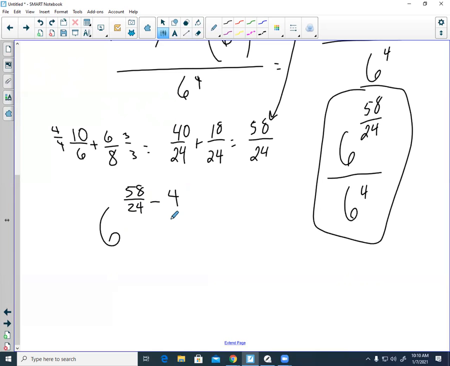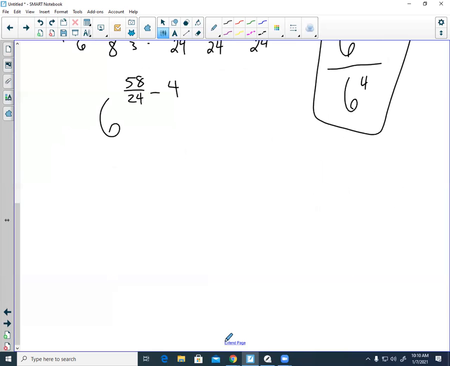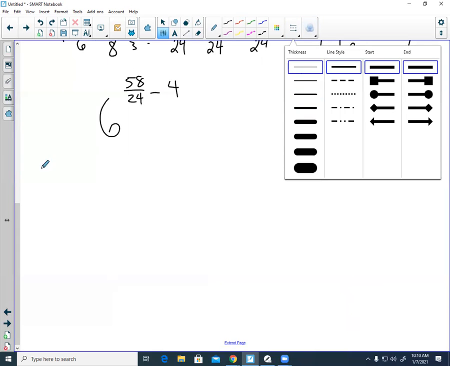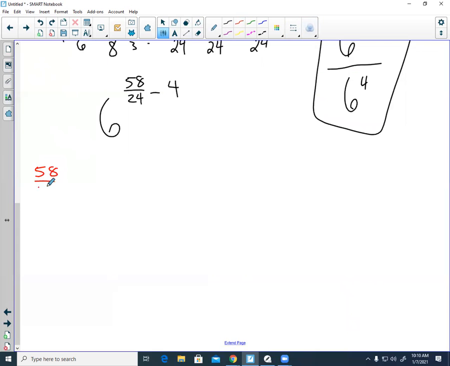Right? And now I'm just going to go through and do the math for the fraction. So I know that I have 58 over 24 minus 4 over 1. Again, I have to have common denominators. So I'm going to multiply this one by 24 over 24.